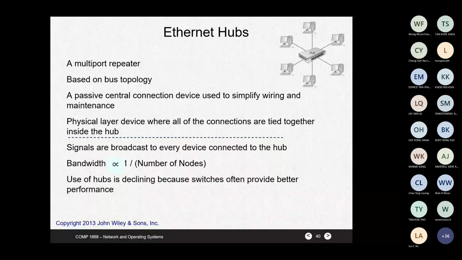So one of your friends said earlier that hub is passive and switch is active. I agree, but that is not the answer that I'm looking for. I will discuss with you later, when we discuss hub and switch, the main difference between them.